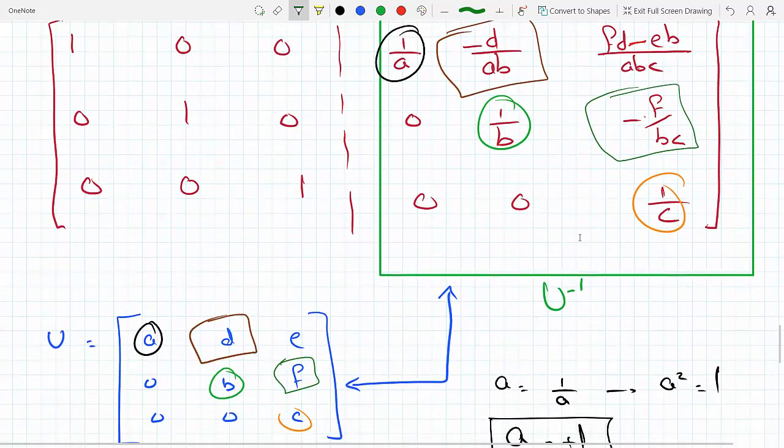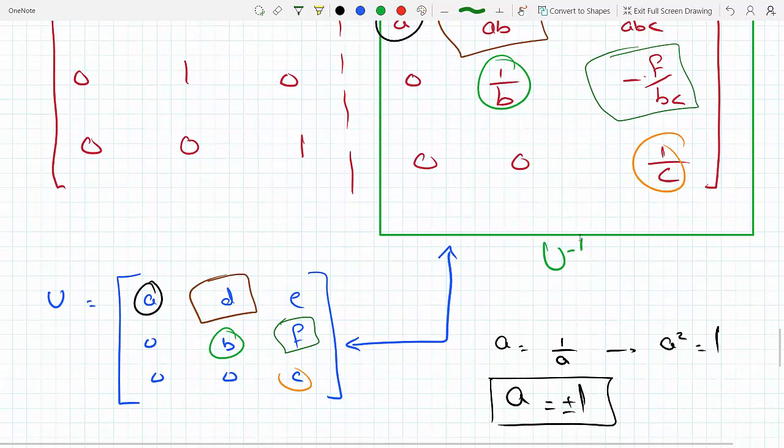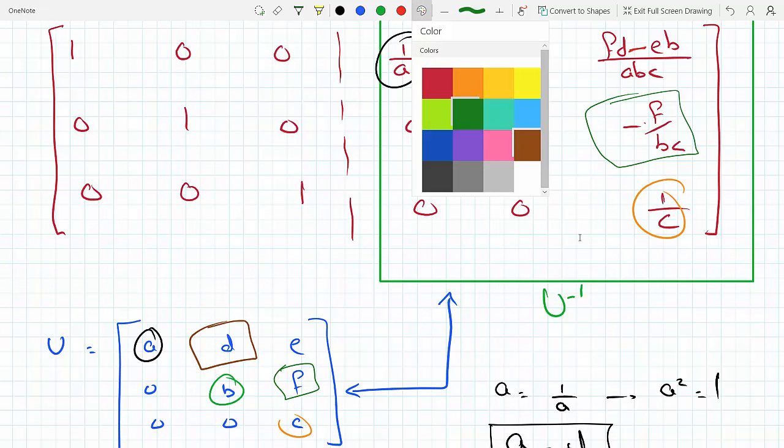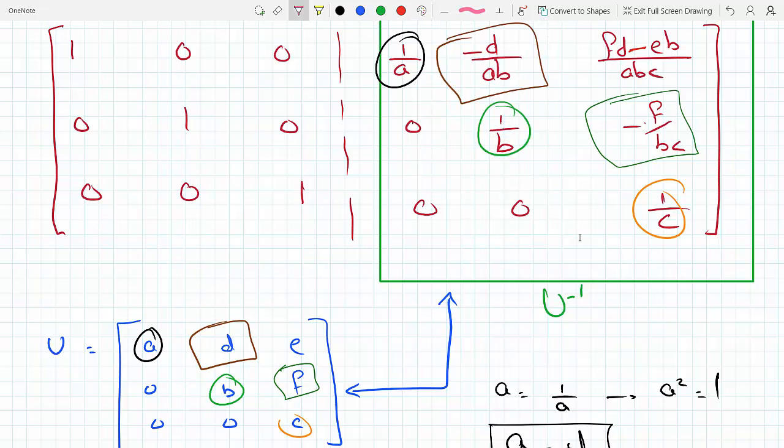Let's move on to the last cell, which is this cell here. Let's take this color.